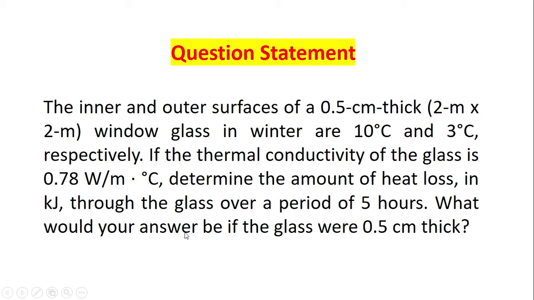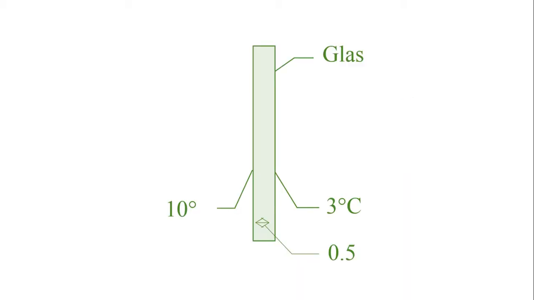What would be your answer if the glass were 0.5 centimeter thick? This is all about the question statement. Let's have a look at the dimensions of the glass window. This is the side view of the glass window, and one side of the glass window is maintained at 10 degrees centigrade, while the other side has a temperature of 3 degrees centigrade.